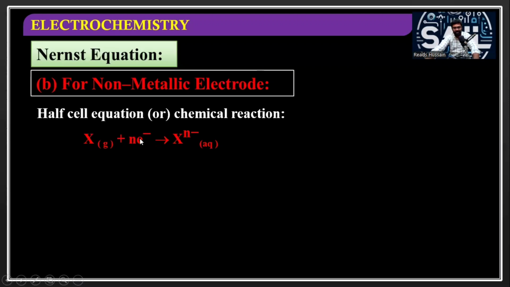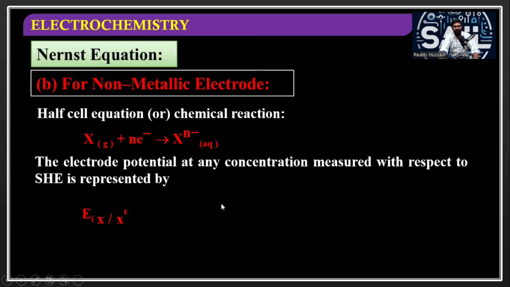Adding electrons is called reduction, no? So it is undergoing reduction. When n electrons are added to X, it becomes X n minus. The electrode potential formula for this one is very similar to the previous one, but with one small difference.